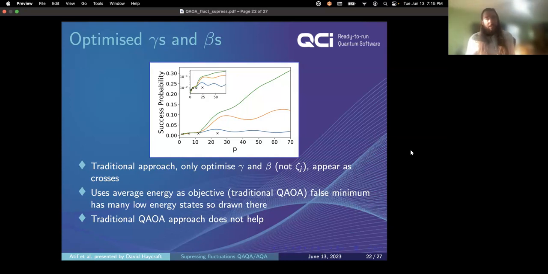Also, the average energy as an objective would be prey to the false minimum at those low energy states, where we have many identical solutions that have similar energies that would be considered to be good by that particular type of objective. So long story short, traditional QAOA approach doesn't really help with this particular problem.